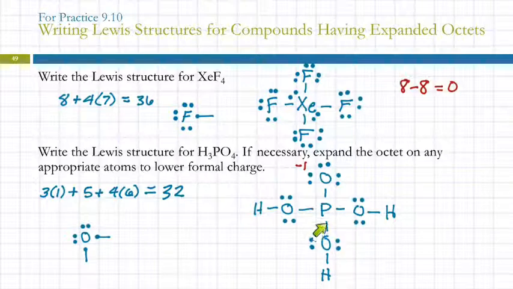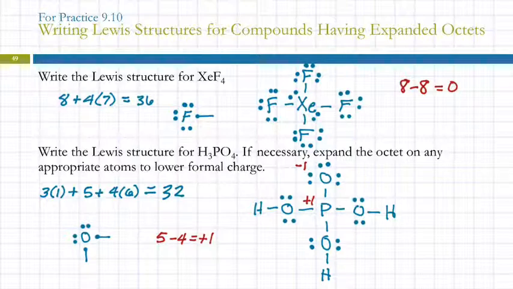What's the formal charge on that phosphorus? +1. So the phosphorus brought in 5 electrons, and it's leaving with 4, so that's +1. Can phosphorus expand its octet? Yes.